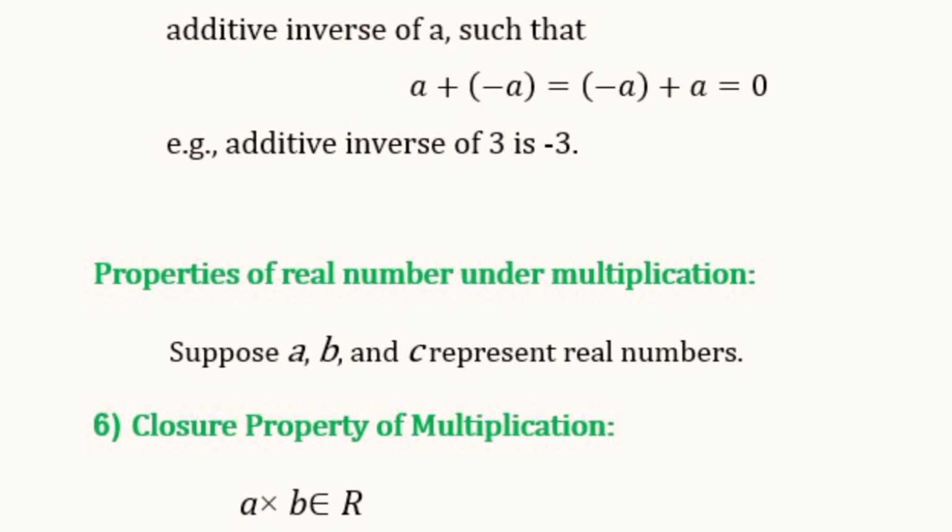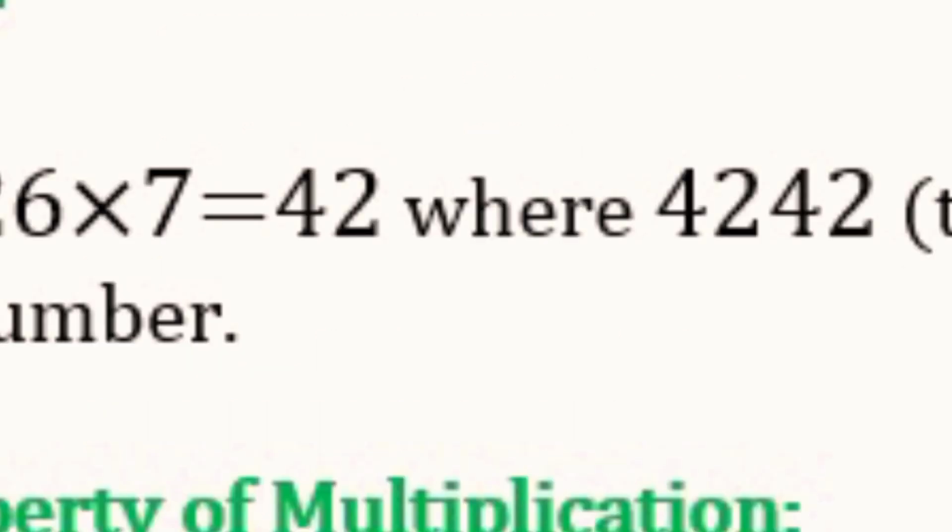Next we'll do properties of real numbers under multiplication. Suppose we have three real numbers a, b and c. Closure property of real numbers. If we have two real numbers, say a, b, multiply them, we get an answer from real numbers.